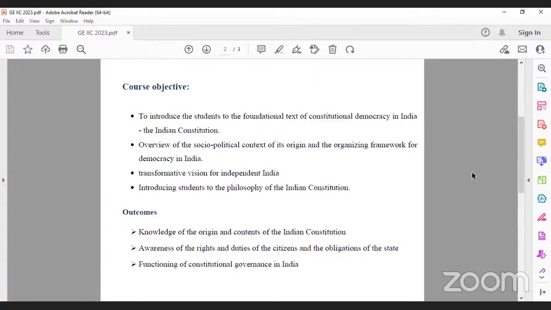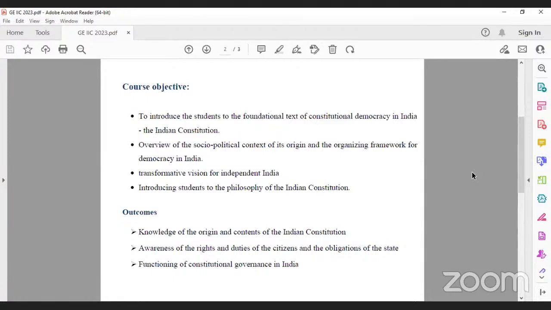Constitution. So the objective of this paper is to make you aware of the historical context of constitutional democracy in India. The focus being that in the post-independence scenario, we adopted a parliamentary democratic model.